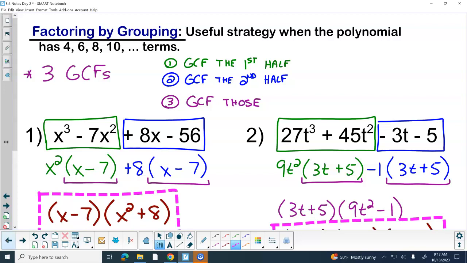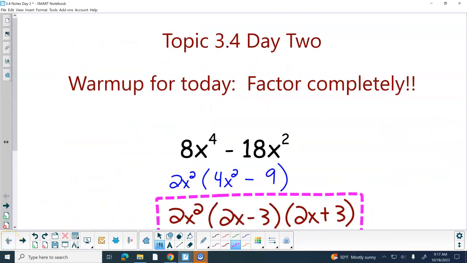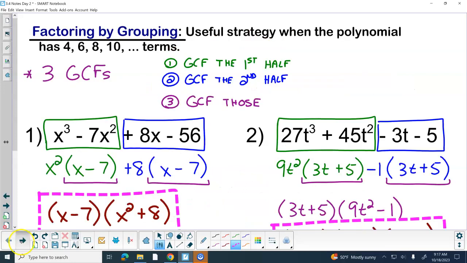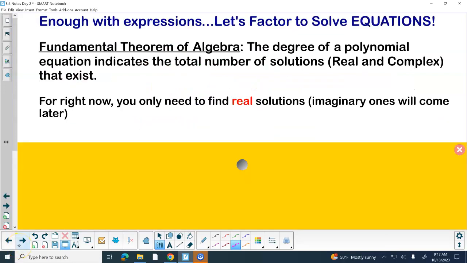How many answers? Zeros, solutions, roots. How many would I need to get? 3, because the degree is 3. In number 1, how many would I need to get? 3. Okay? And I don't stop until I get those 3. Back in this warm-up, how many answers do I need to get in the end? 4. Okay? Because that's the degree. So that's one of the nice parts about the degree, is that it tells us how many answers.